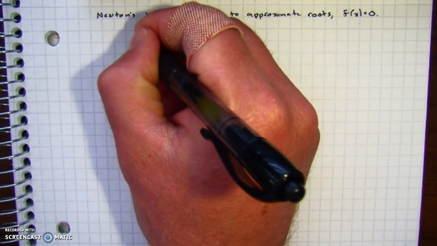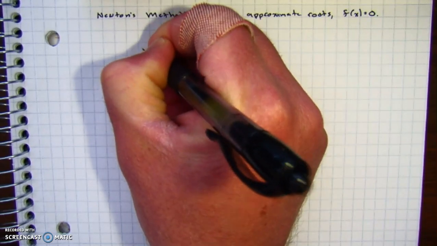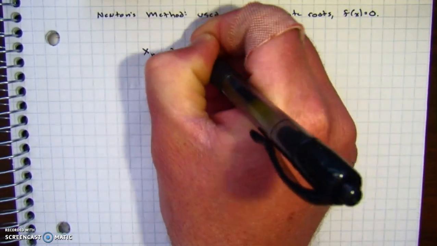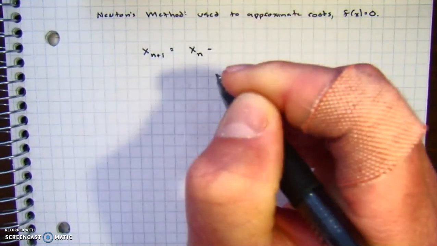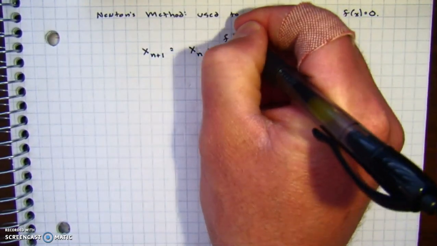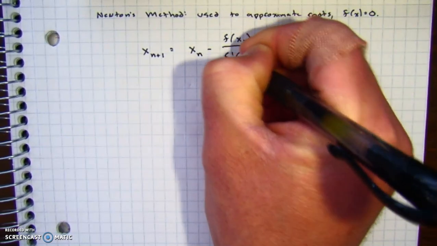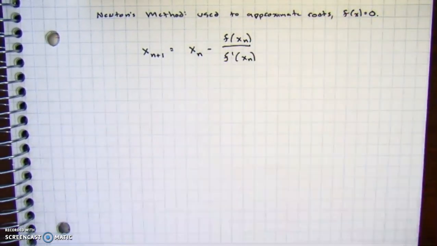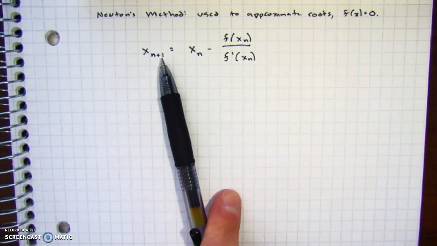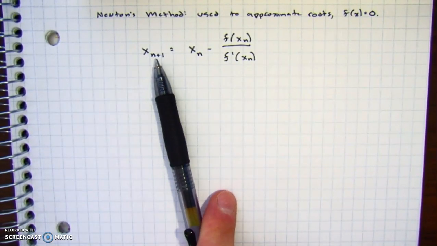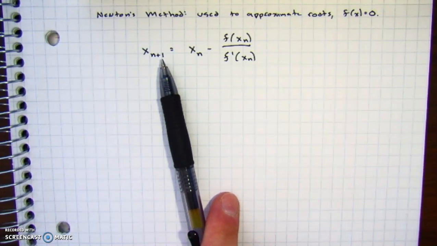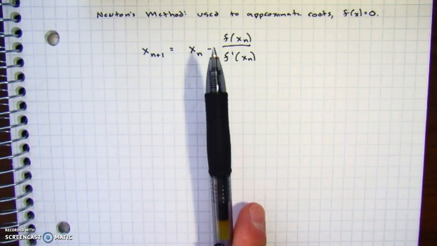So we have x_{n+1} equals x_n minus f of x_n over f prime of x_n. Here you see we have an iterative sequence, and if you remember back to your algebra classes, whenever we have something that starts with x_{n+1}, we have to pick a starting value.